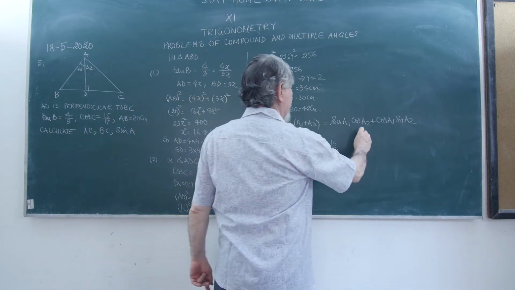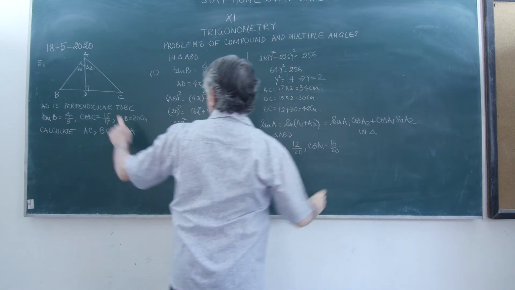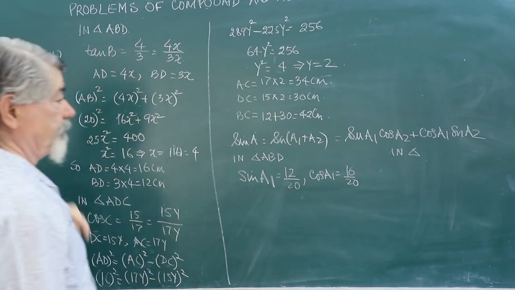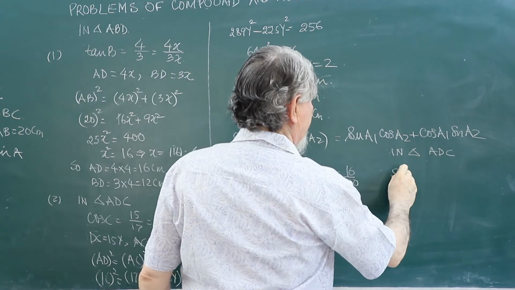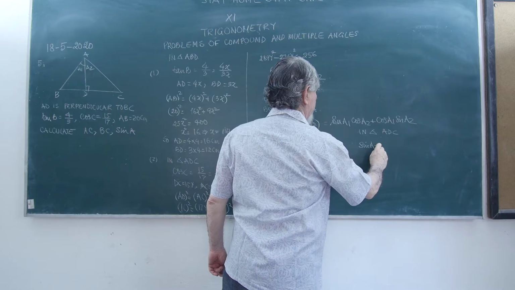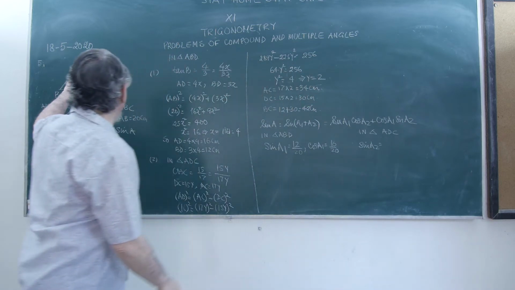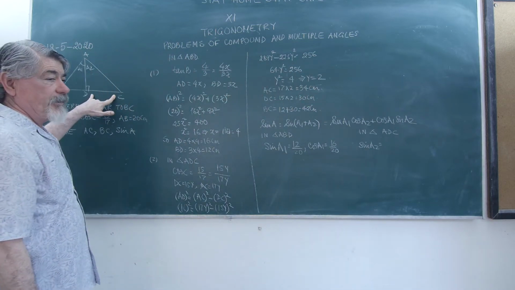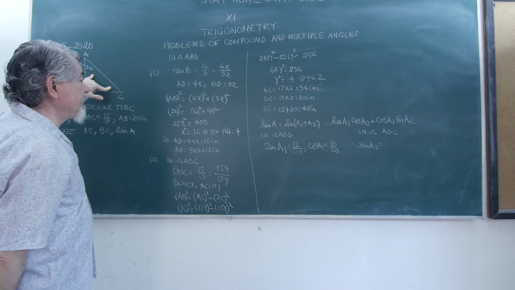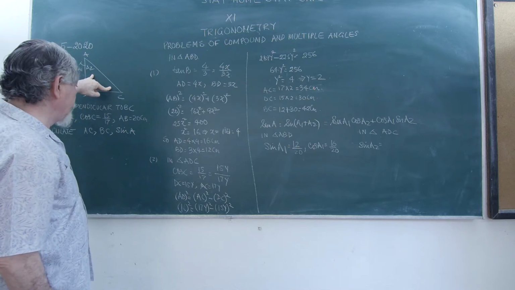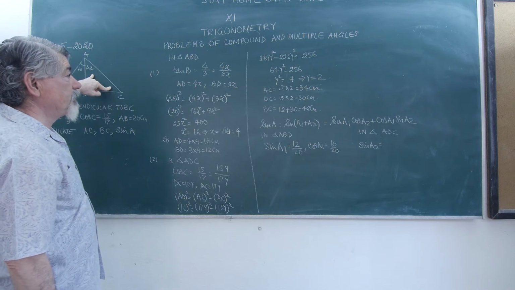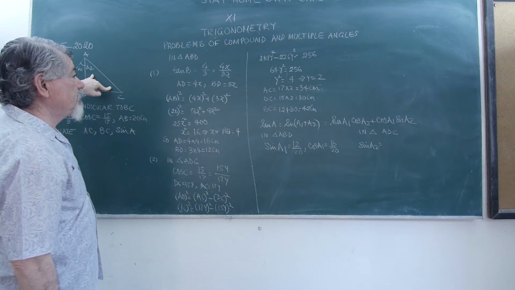Similarly, in triangle ADC, sin A2 will be perpendicular DC upon hypotenuse. DC is how much? 30. DC is 30 and hypotenuse AC was 34.